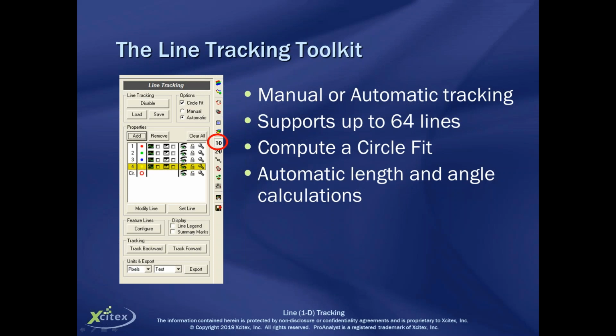You can also use feature lines to join the 1D line points, just like a 2D feature set inside ProAnalyst. It's also important to understand that within the 2D feature set, if you'd like, you can convert a 1D point into a 2D feature, so you can compare both 2D and 1D motion within a video.